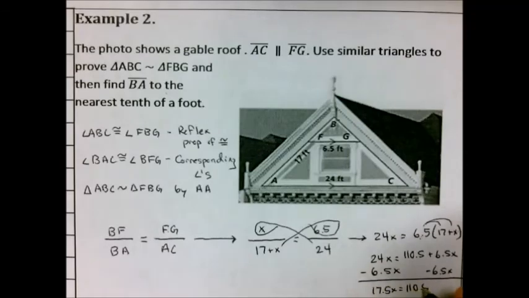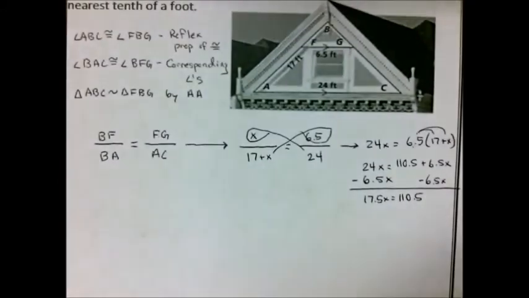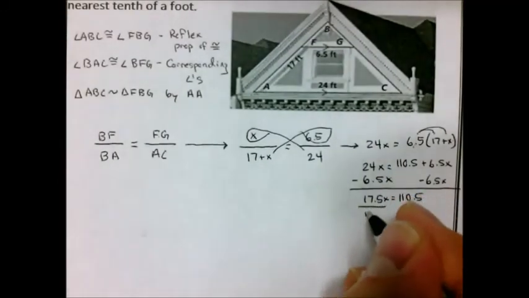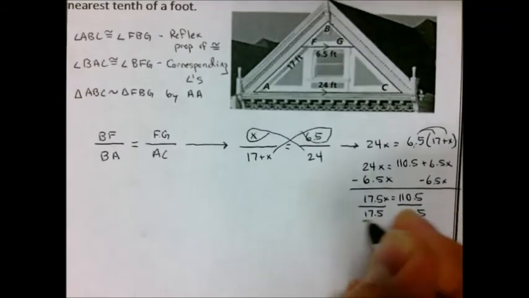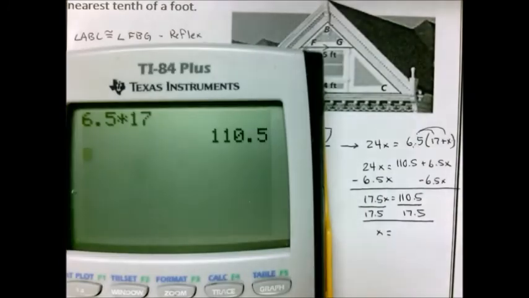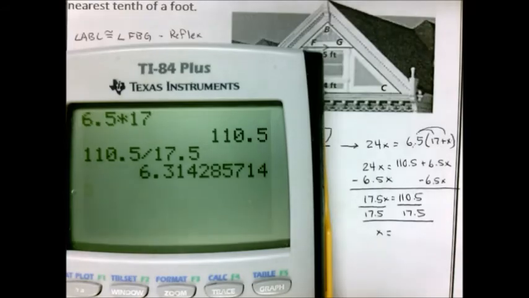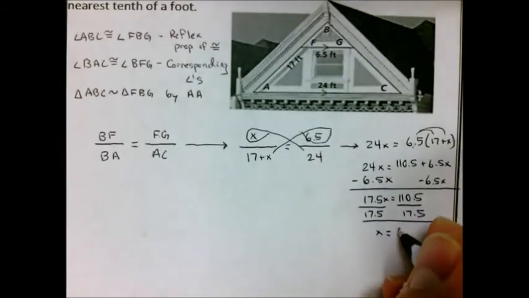Finally, to get rid of the 17.5, we divide by 17.5. We end up seeing x is equal to 110.5 divided by 17.5, which is 6.3 if we round it. That means x is equal to 6.3.